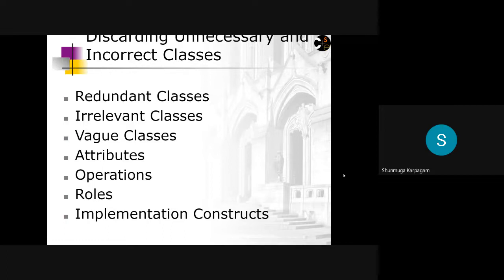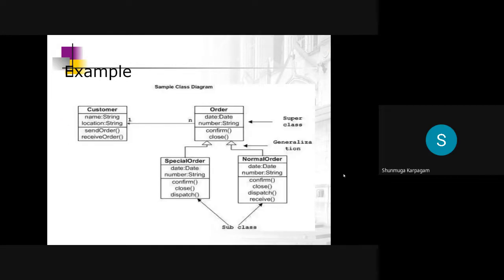So we should avoid the redundant class. Similarly, we should avoid the irrelevant class, which is not needed for a particular task, and the vague classes, which will not be included. And I have to look into which attributes are needed, which operations are needed, and what other roles are needed or not.